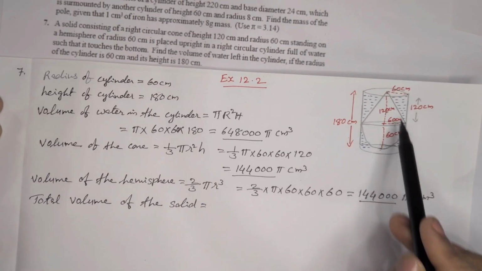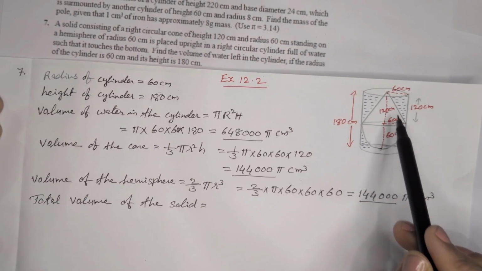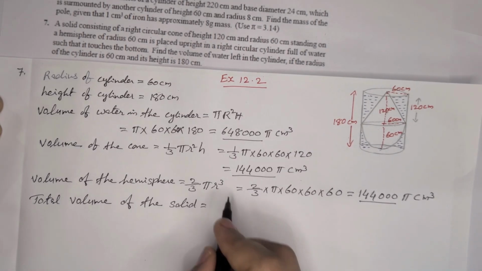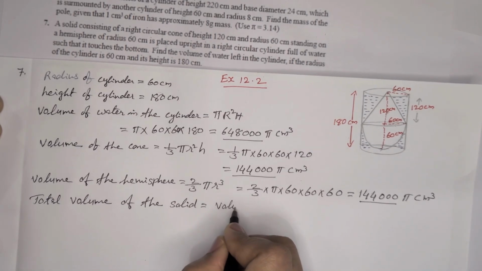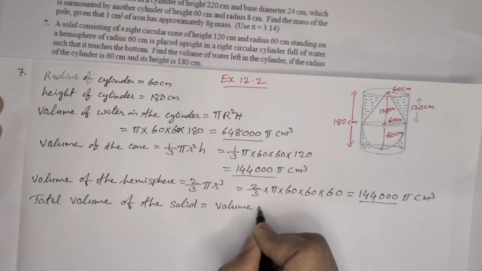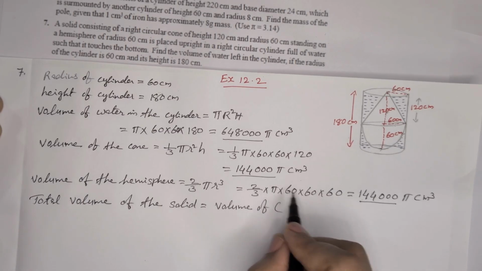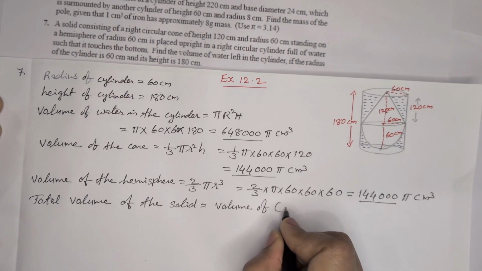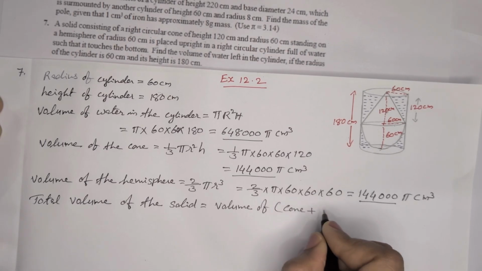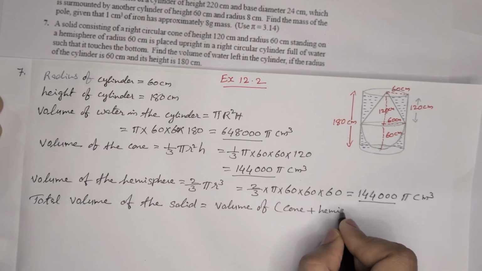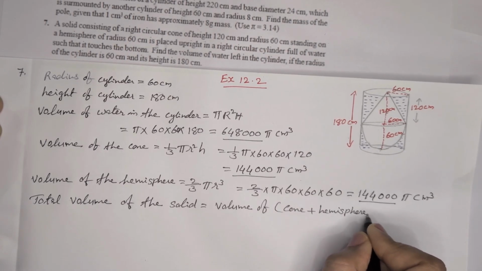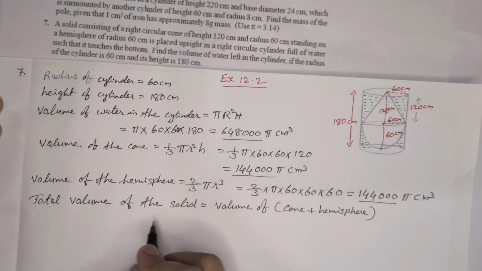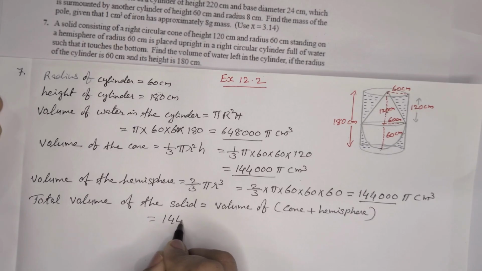First volume of the cylinder, then volume of the cone, volume of the hemisphere. Now the volume of the solid which is immersed in the cylinder, that means cone plus hemisphere. So we have to add the volume of the cone and the volume of the hemisphere.